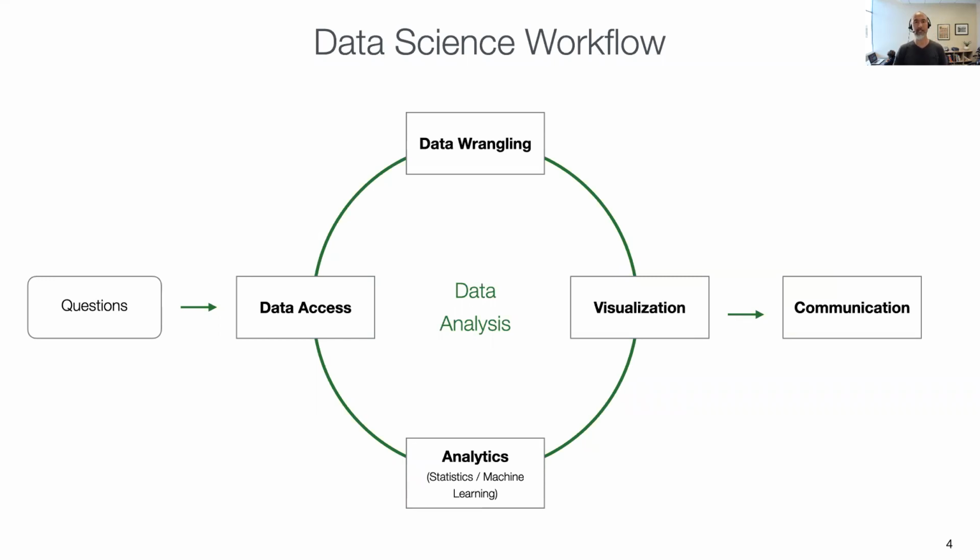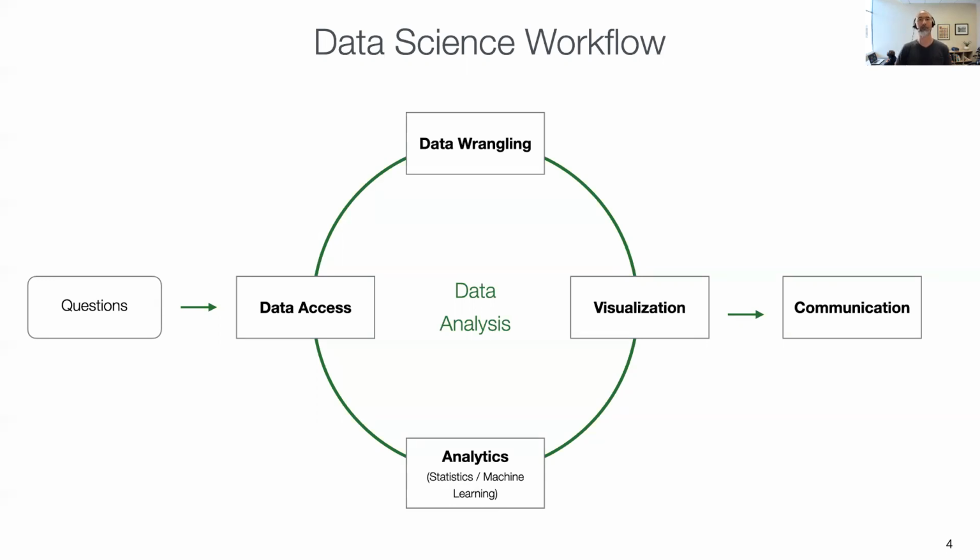When we say data science, we think of it as a workflow. Usually you start with a question that you want to answer by using the data. So the first thing you do is find the data or access the data. Typically, and this is today's topic, once you get the data, it's not ready for visualizing or analyzing.